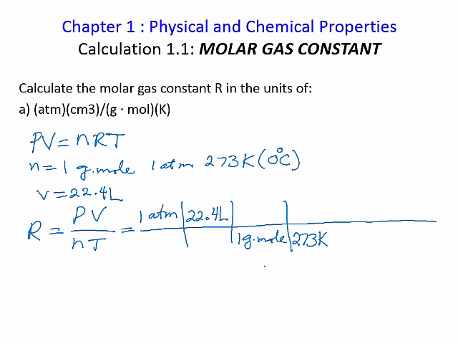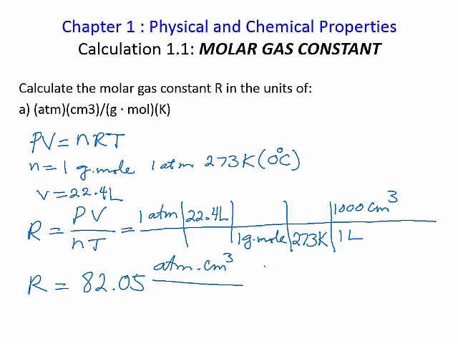Because the units are in centimeter cube, we convert: 1 liter is 1000 centimeter cube. If we solve this for R, we get R equal to 82.05 atmosphere centimeter cube per gram mole per degrees Kelvin.